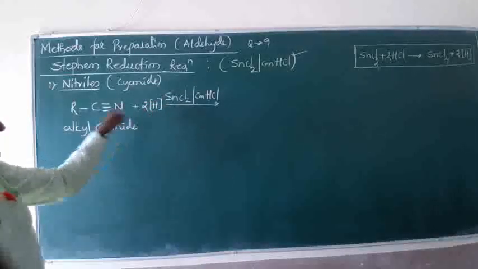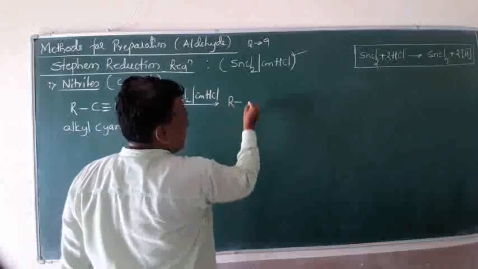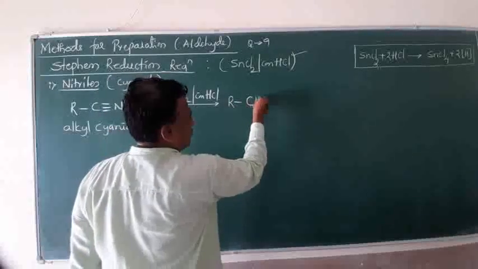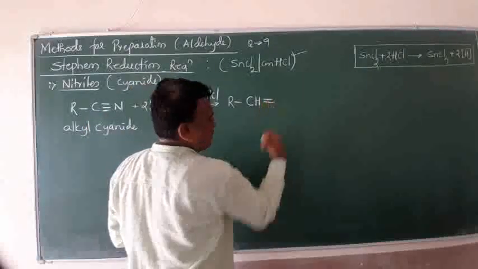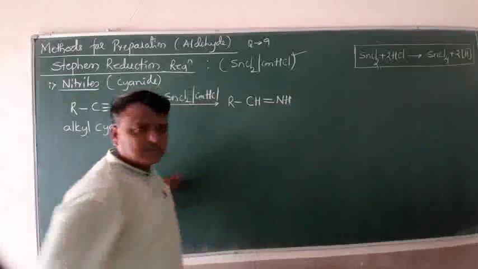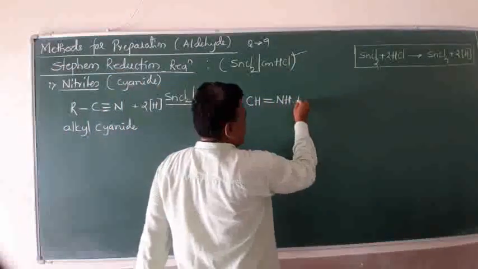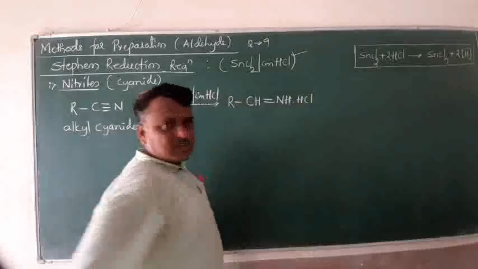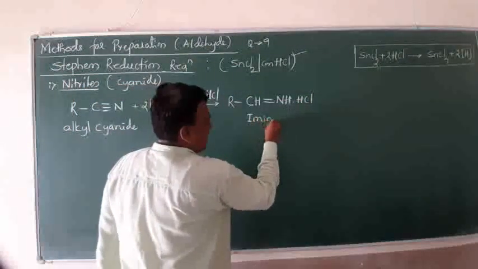Once the reaction starts, the compound formed has R as it is, the alkyl. The carbon is attached, the triple bond is converted into a double bond, and we have another one, this is your H. RCH double bond NH, which with the acid comes out as a salt. The name of this compound is imine, I-M-I-N.